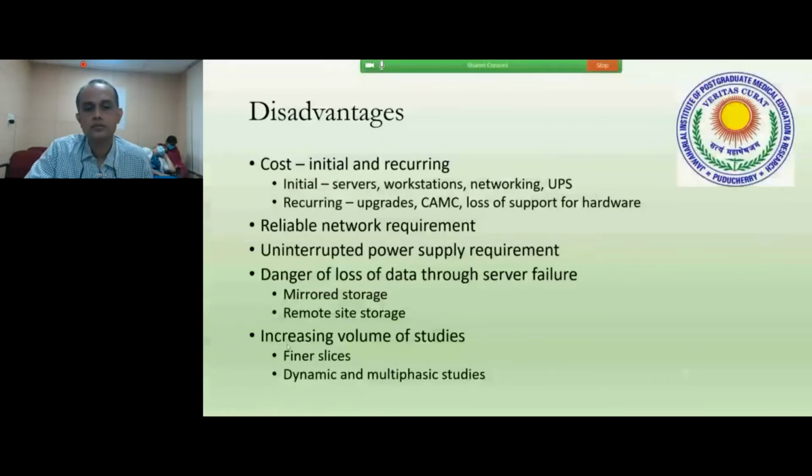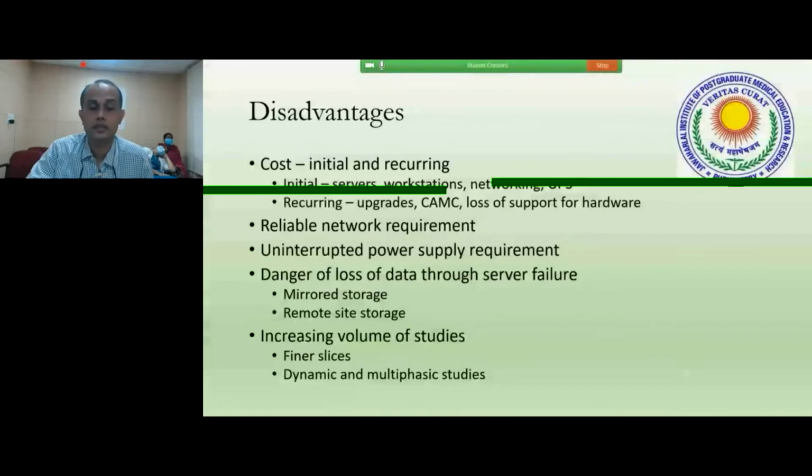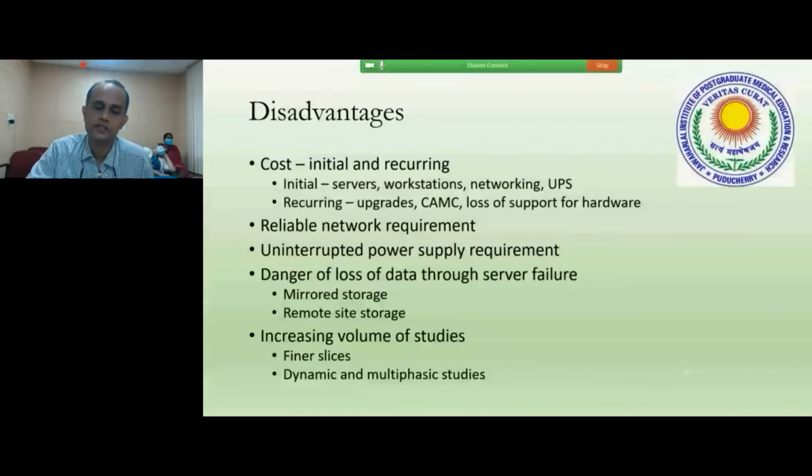And also, we have to take into account the increasing volumes of studies. Though the storage volume of PACS has been increased year after year, still the amount of image data we are generating with CT and MRI has also been increasing year after year, especially because of the availability of finer slices.